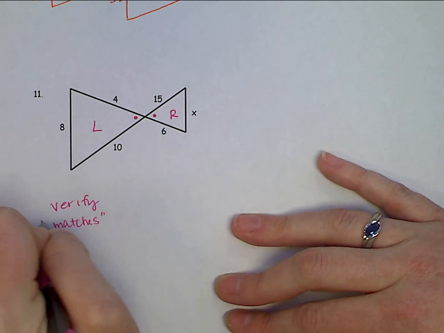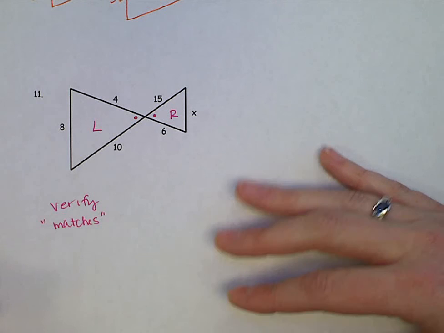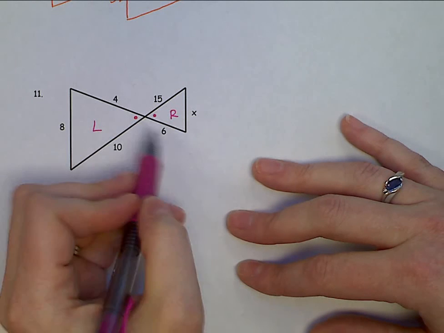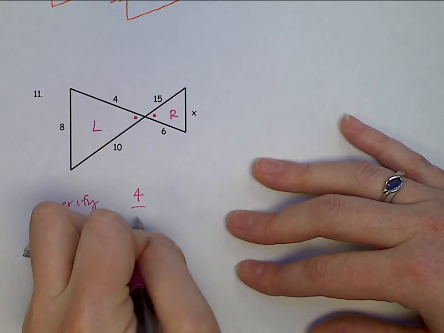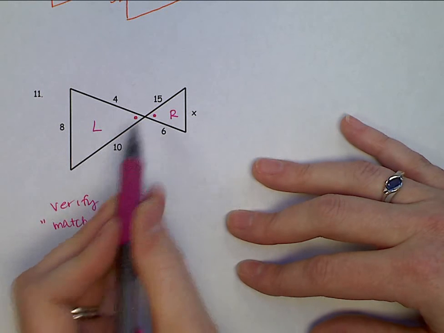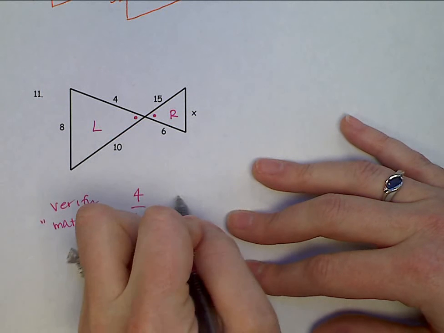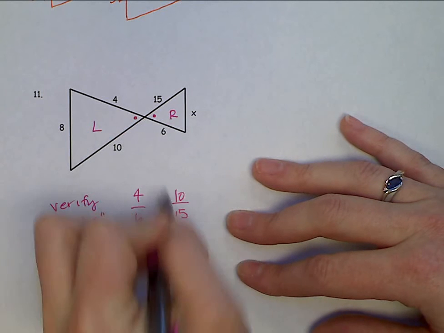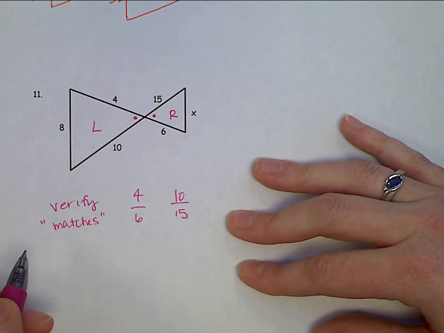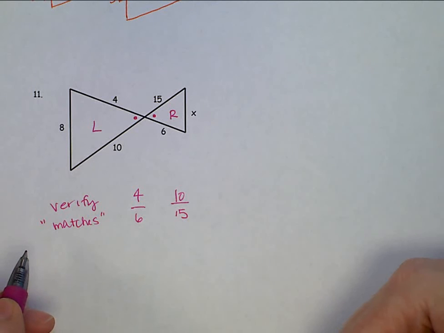What I mean when I say verify the matches, all you're doing is short side over short side, so 4 over 6, and then middle side or long side, I guess, because if you're looking at this triangle, that's the long side, over what we think is going to be the long side of this right-hand triangle. Okay, we want to verify that when we reduce these things, we get the same ratio.